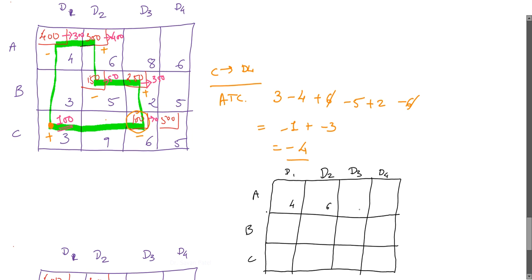So 4, 6, 8, 6, 3, 5, 2, 5, 3, 9, 6, 5. And the new entries for the allocations are, here it is now 300, here it is now 400, here it is now 50, here it is now 350. This is cancelled, so 0, so we are not writing there. Here we are having an additional 100, and here we are having 500.